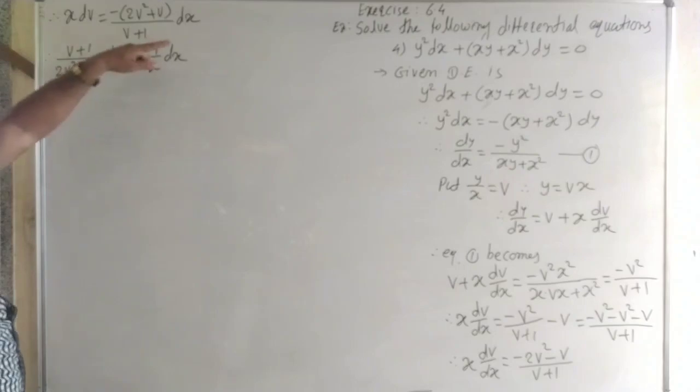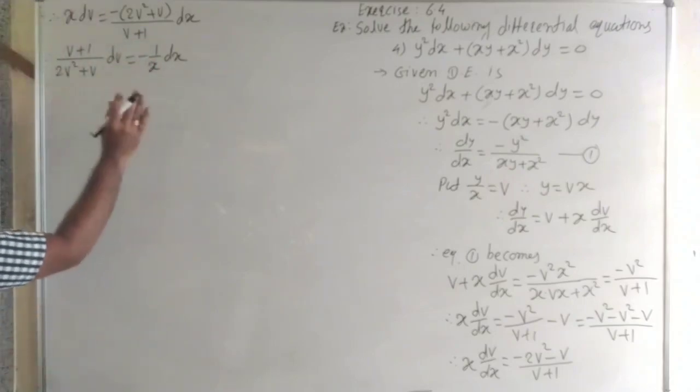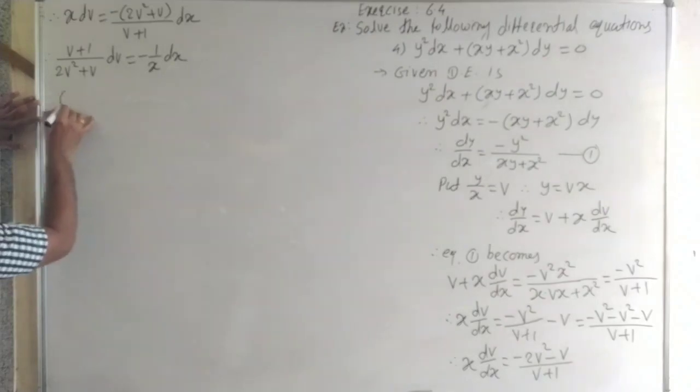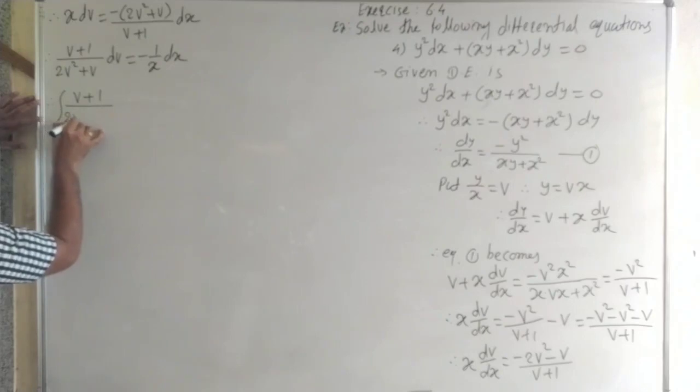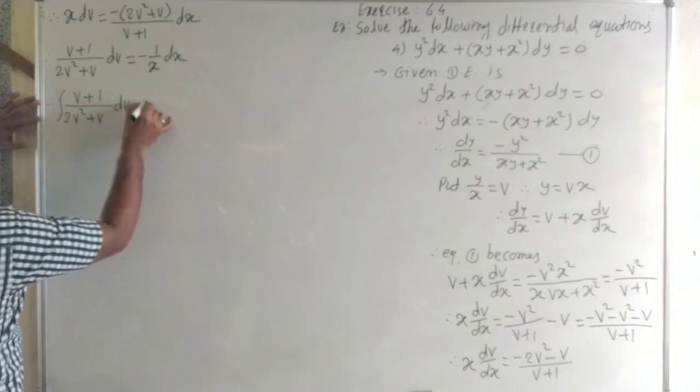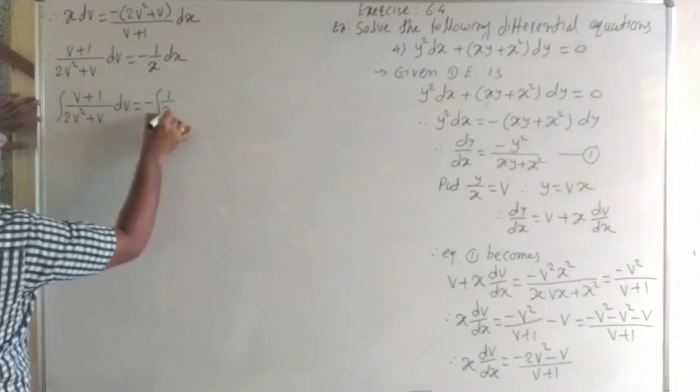Now variables are separated. Now taking integral on both sides, integral of (v + 1)/(2v² + v) dv is equal to minus integral of 1 by x dx.